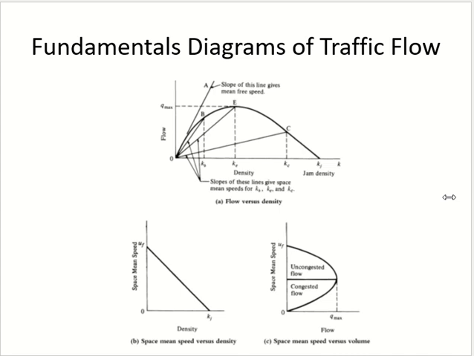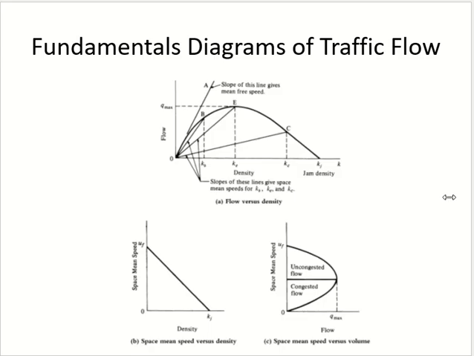Both of them are number of vehicles, right? Number of vehicles per time, number of vehicles per mile. So number of vehicles increase, both of them will increase. So you see the increase now. Is it linear? No. But both of them are increasing, right? Density increases, flow also increases.